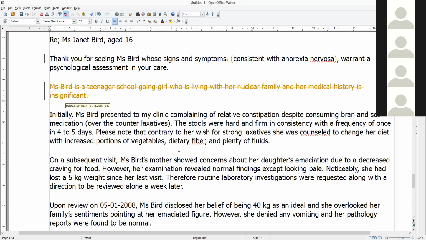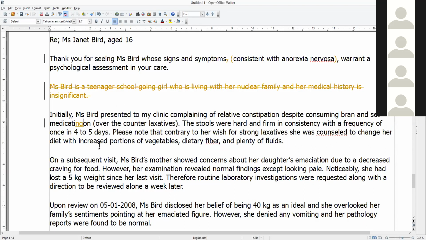She presented to my clinic complaining of relative constipation, despite consuming bran and self-medicating with over-the-counter laxatives. The stools were hard and firm in consistency. Do you really need this?